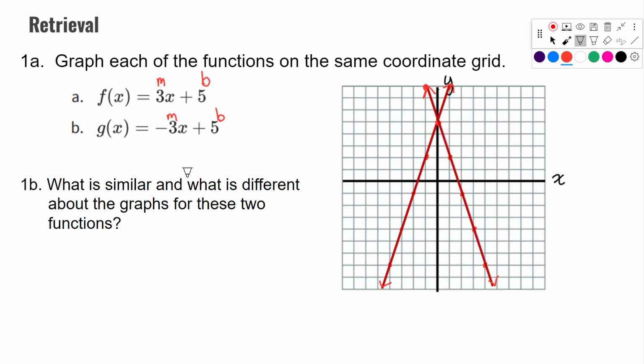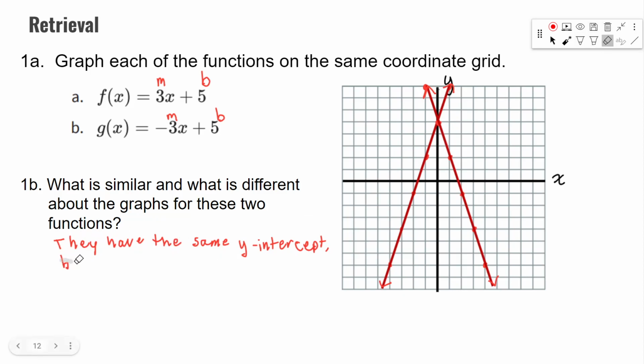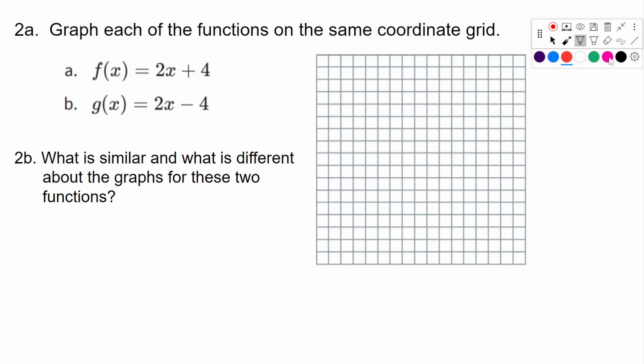And we are being asked to explain what is similar and what is different. Well, what is similar? They have the same y-intercept. But they have opposite slopes.